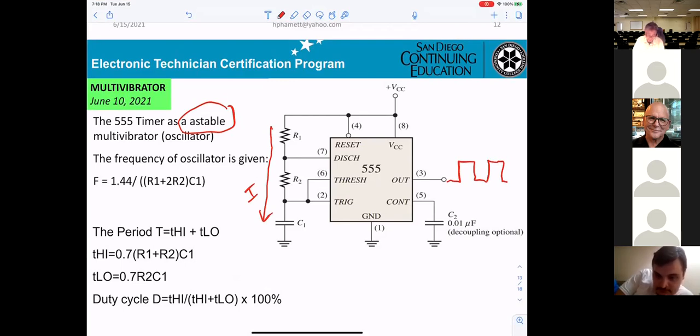So if you want to calculate the T high or T low, that means the formula T, right? Equal RC log 1 over 1 minus C.